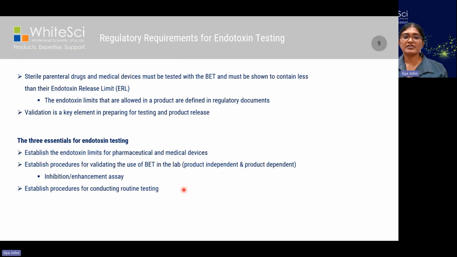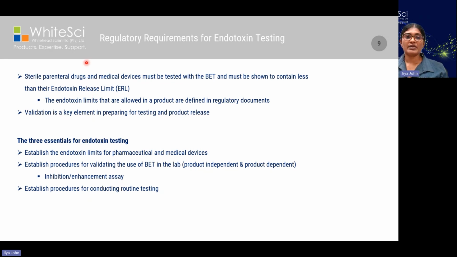The sterile parenteral drugs and medical devices must be tested with BET according to the pharmacopoeia, and it must be shown to contain less than the endotoxin release limit. This value, the endotoxin release limit, most often is mentioned in the defined regulatory documents. In cases where you don't have this information, there is a formula that you can use to calculate the endotoxin release limit, and I will touch on that in the following slides.